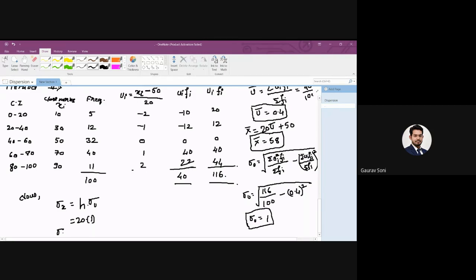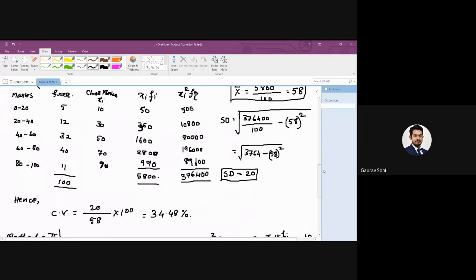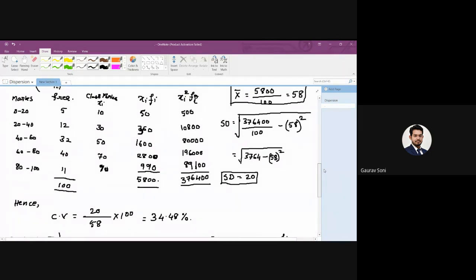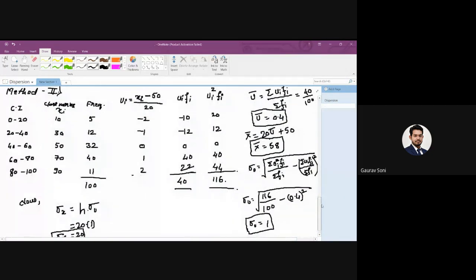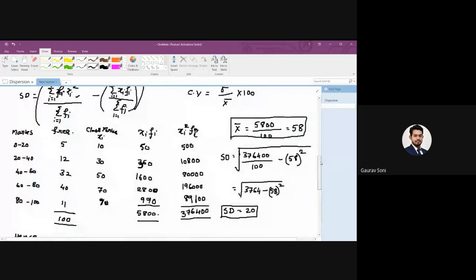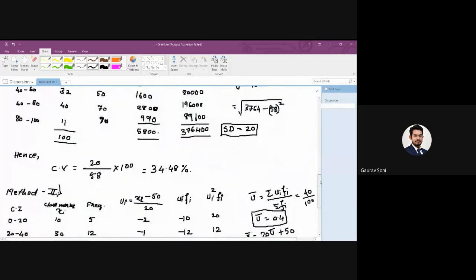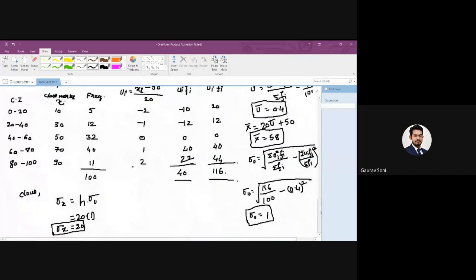So sigma x is equal to 20. So we have sigma x, we have x bar. Let's check whether it is correct. Standard deviation is 20 here, and here also we have got standard deviation 20. x bar is 58. By this method also we have got x bar as 58.